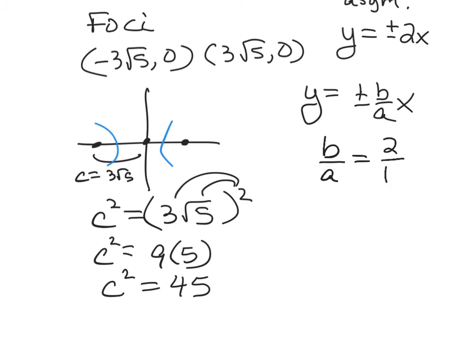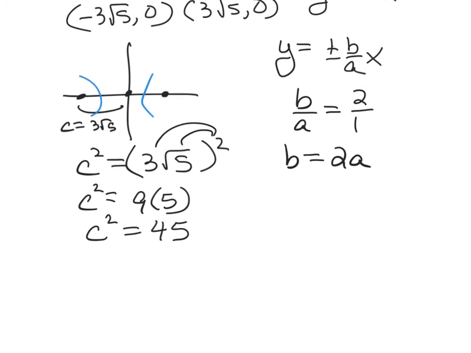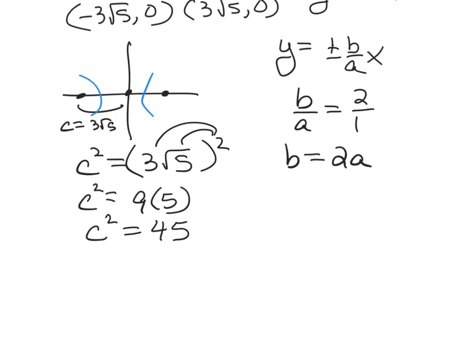I'm going to cross multiply and get b equals 2a. And now I'm going to plug it in to the formula. Now you could have also solved for a, either way, but I'm going to do c squared equals a squared plus b squared.